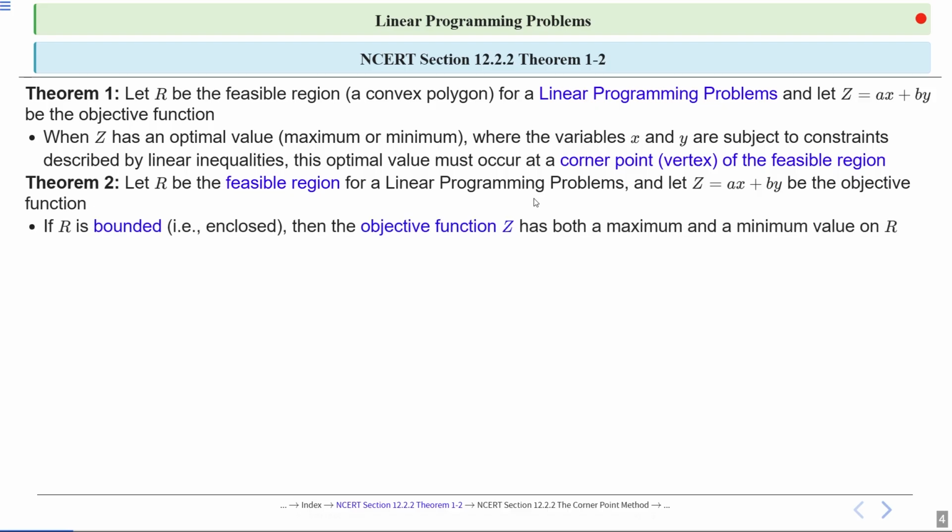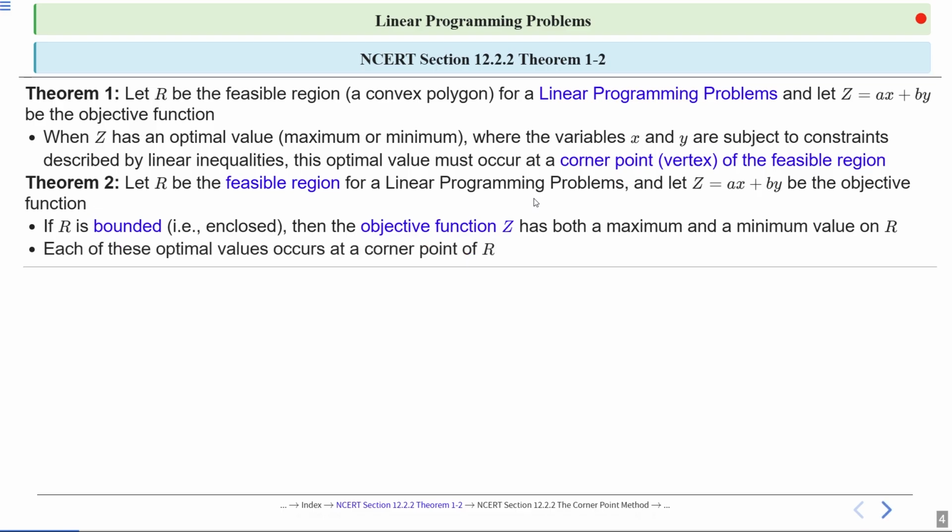If R is a bounded or enclosed region, the objective function Z achieves both a maximum and minimum value within the region R. This is due to the extreme value theorem, ensuring extrema exist on closed and bounded sets. So the optimal values of the function occur at the corner points of the region R.